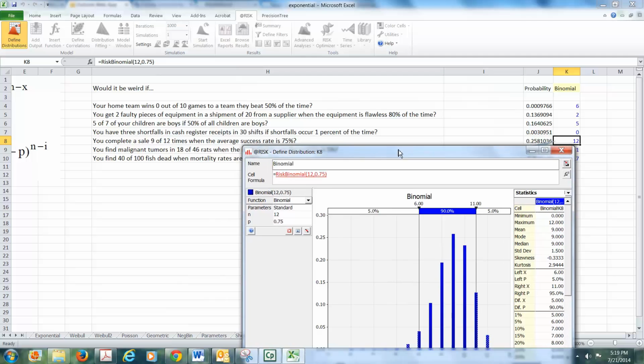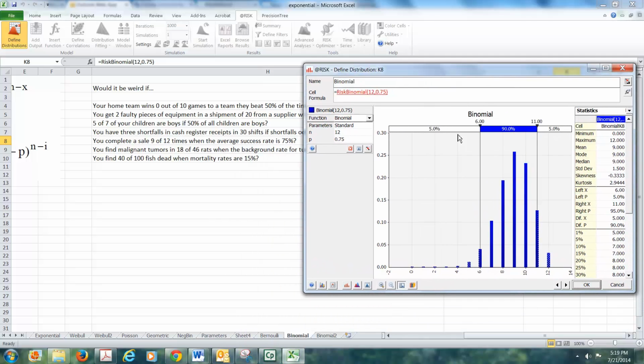Here we have 12 different customers calling, and there's a 75% success rate on each. So if we take a look here, this is the most likely outcome. It's 9, and that's what we got. That's the 25% outcome. So even though you would expect 75% of all customers to buy, and 9 is the most likely, that's not a 100% likelihood.